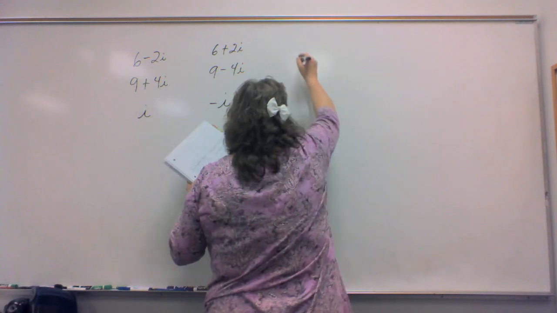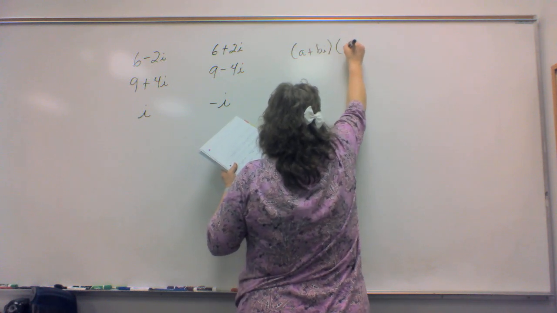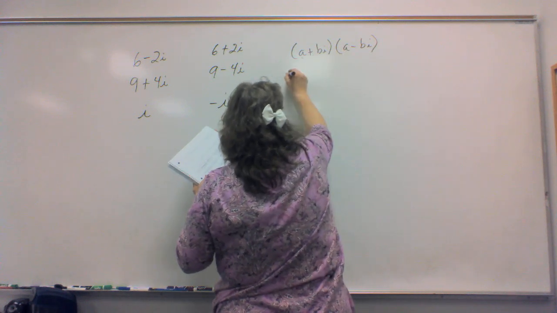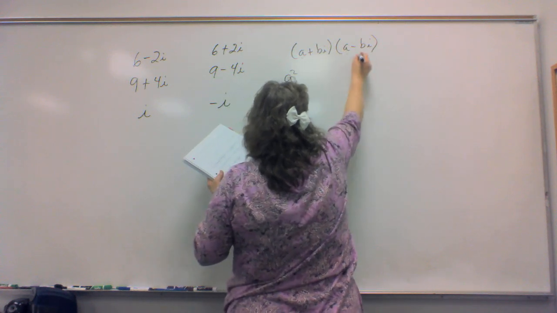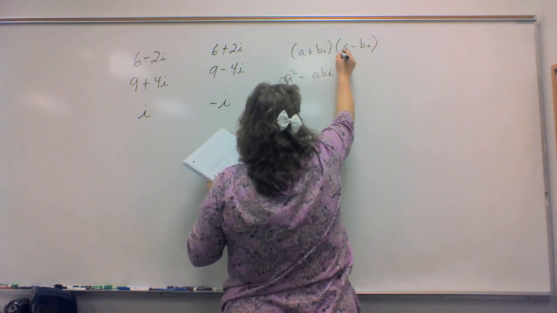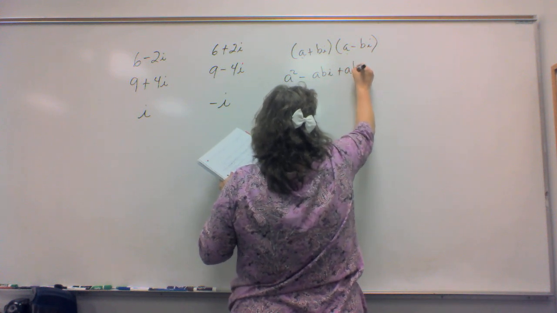In general, you have a plus bi times a minus bi. A times a is a squared. A times negative bi is negative abi. And a times positive bi is positive abi.